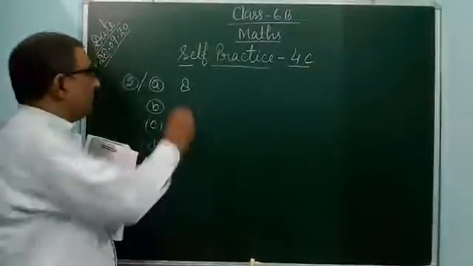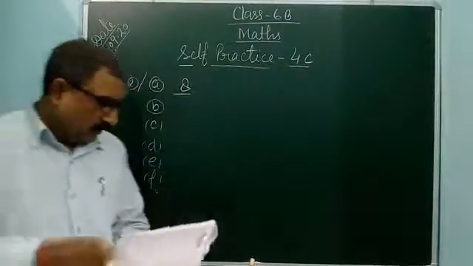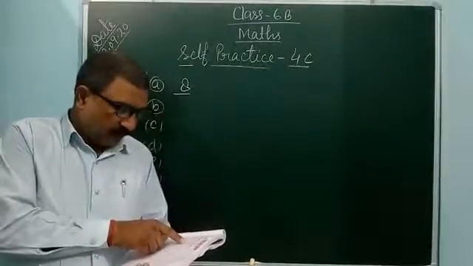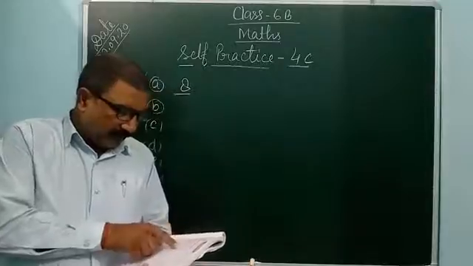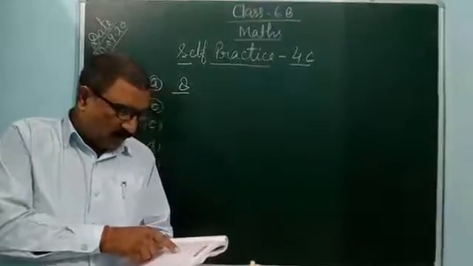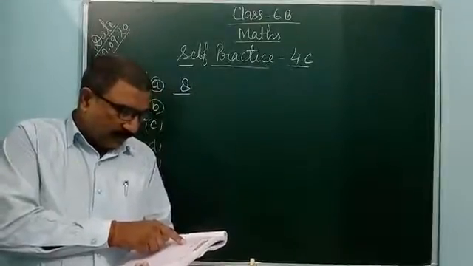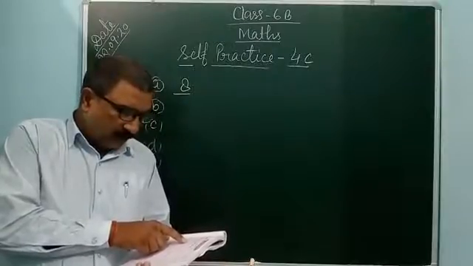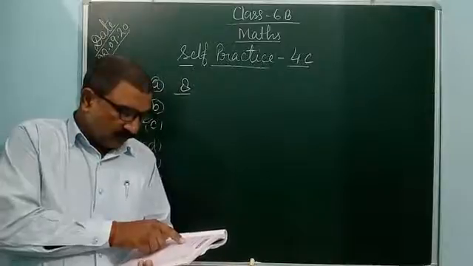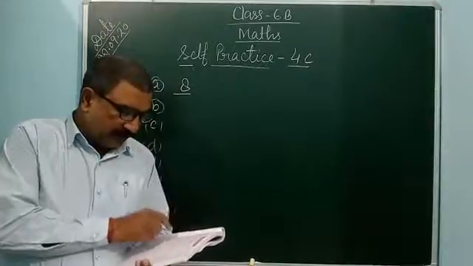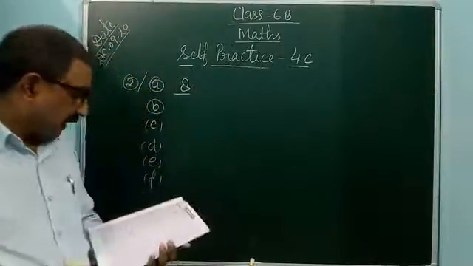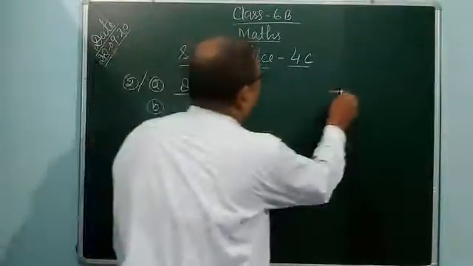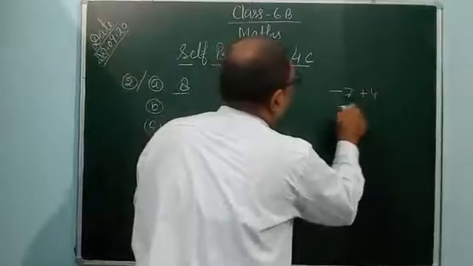Question number B. It is given minus 7 plus 4. You can see in your diagram. So minus 7 plus 4. How many gaps are there? 1, 2, 3. So there are 3 gaps. Minus 7 plus 4 means minus 3.